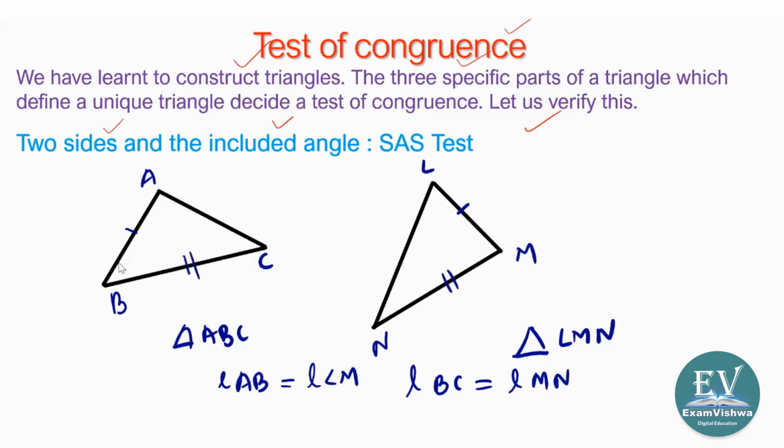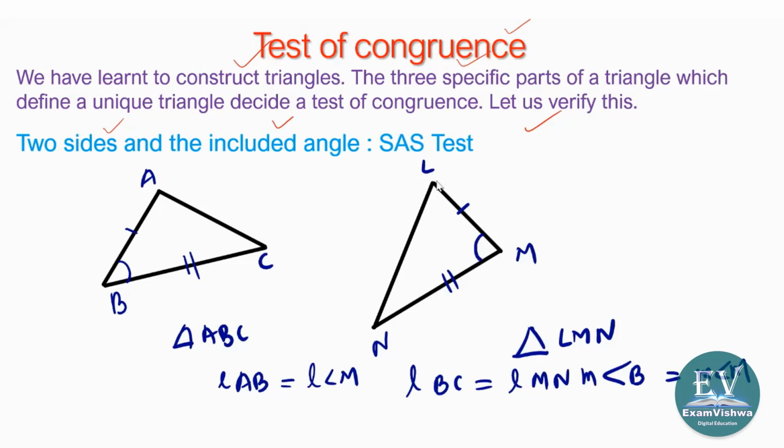And if this angle B and angle M, if we measure it, are found to be equal, we can mark it also in the same way.